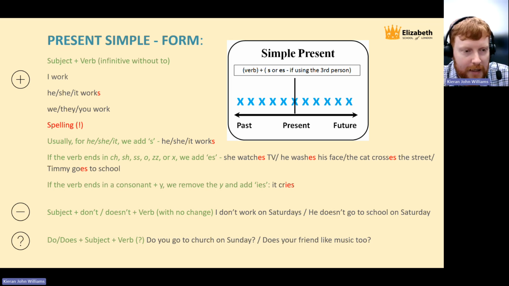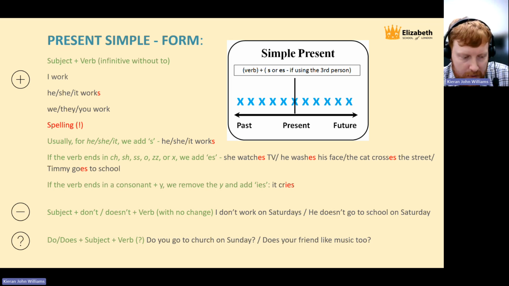But when we have he, she, it, we need to add on the S there. Okay. So every single verb will follow this pattern. Okay, so I and we, they, you will follow the pattern, and he, she, it will have its own separate one.